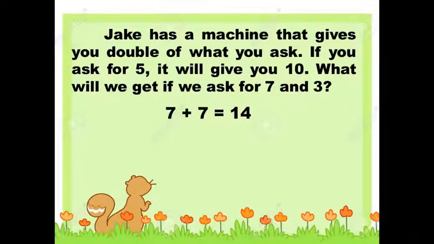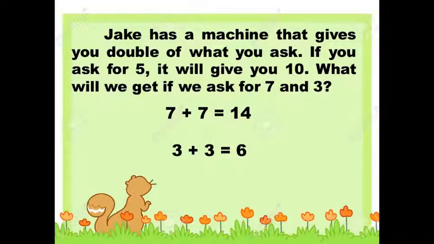The double of 7 is 14, by adding 7 plus 7 is equal to 14. How about 3? Very good. We will double 3 also: 3 plus 3 is equal to 6.